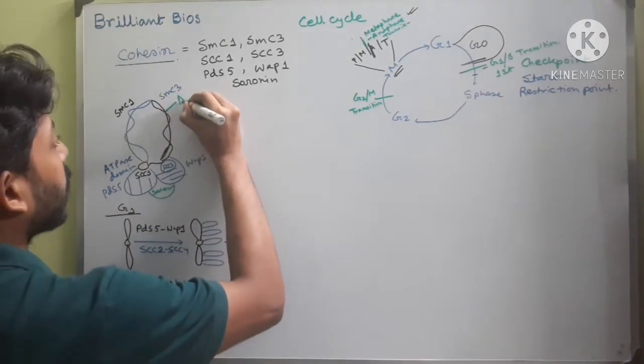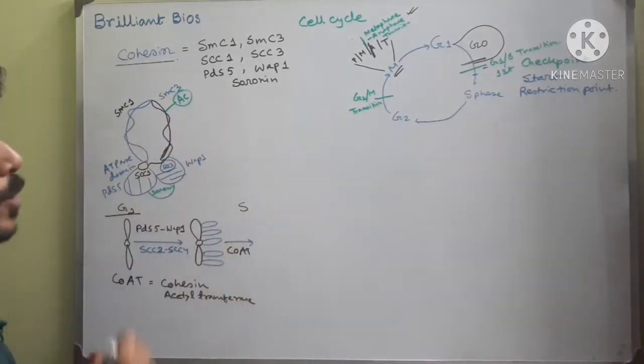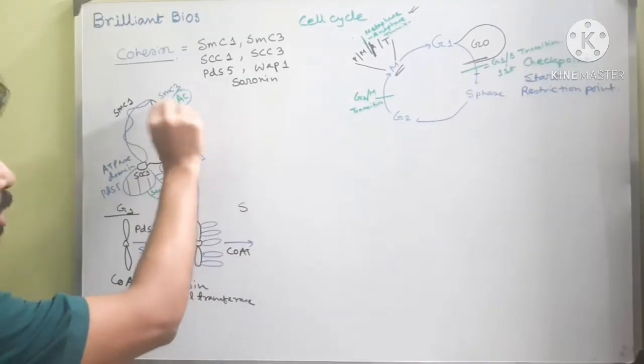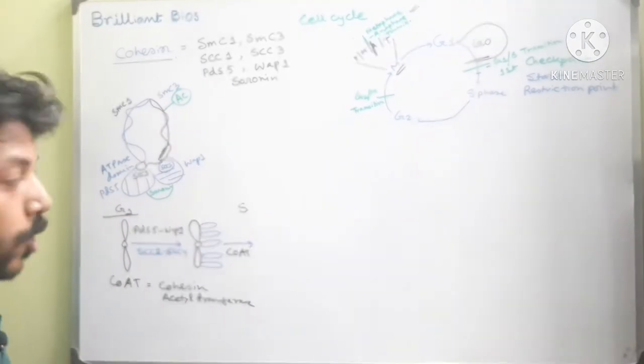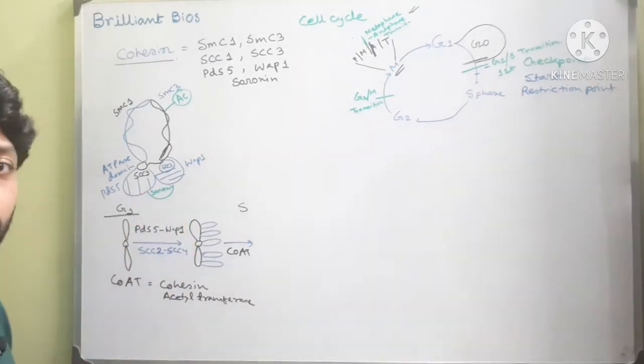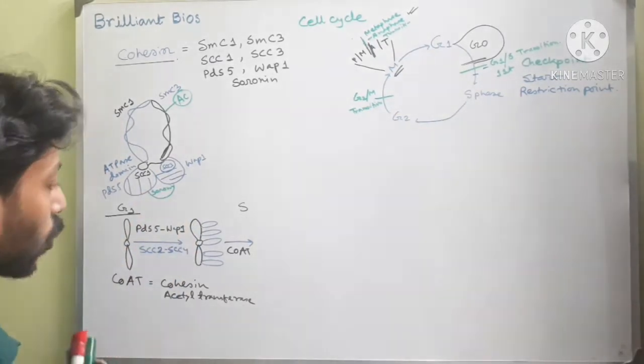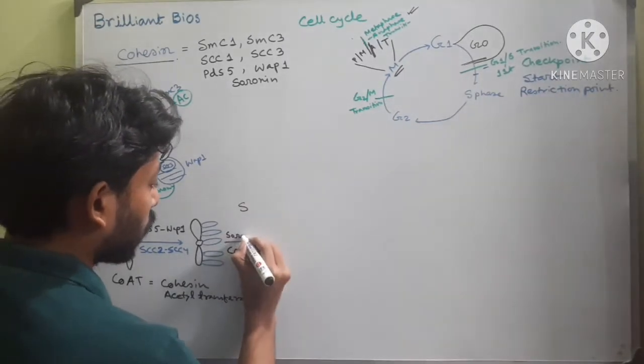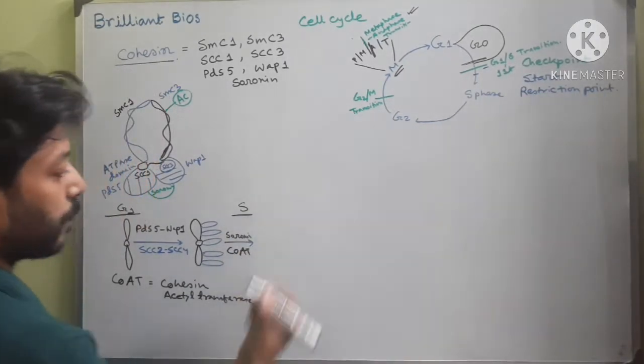So it adds an acetyl group to the SMC3 subunit. And another thing is, when this molecule is acetylated, sororin actually attaches with this subunit. So sororin also attaches with this cohesin in this S phase.